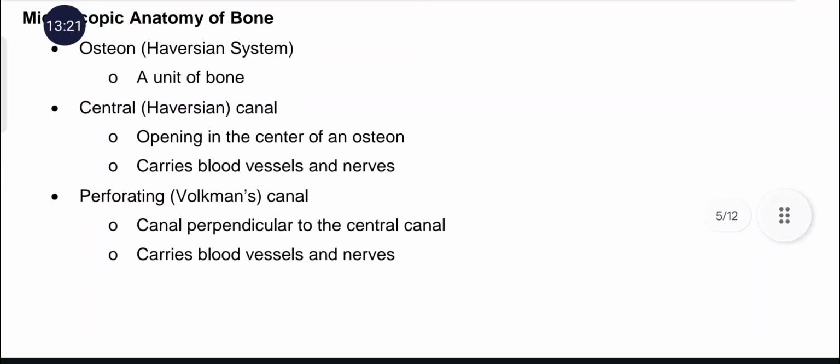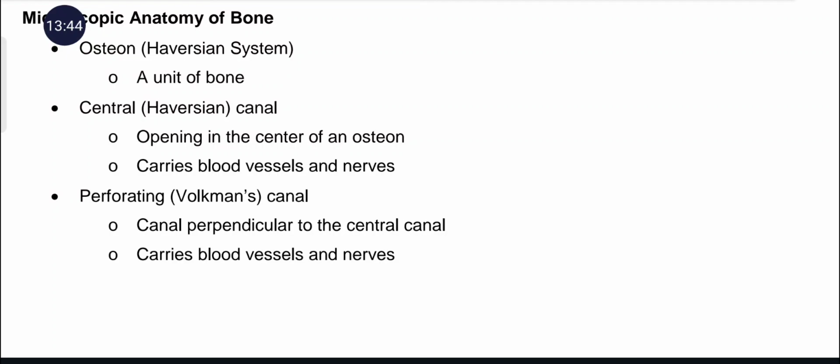Now coming on to the microscopic anatomy after the gross anatomy of the bone. If we see the microscopic anatomy or the structure of the bone, it consists of different components. The first component is the osteon. Osteon is also known as the Haversian system, which is one unit of bone.